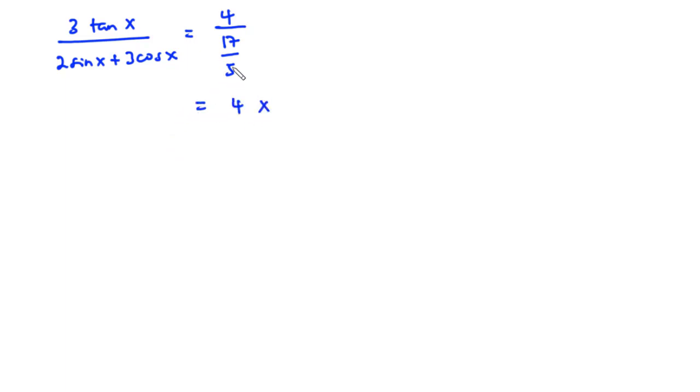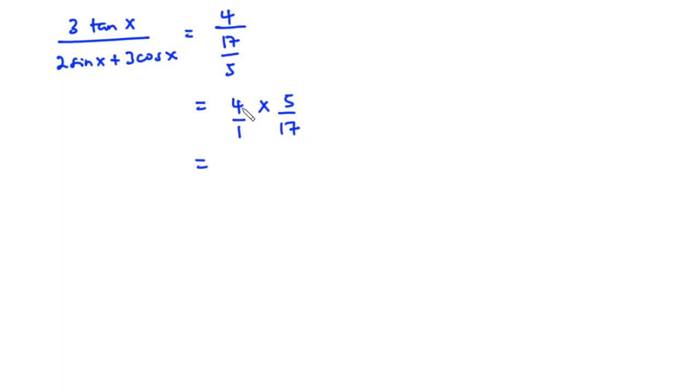So we have 3 tan x over 2 sine x plus 3 cos x to be equal to 4 divided by 17 over 5. So we can further simplify this as 4 times, we take the reciprocal, that is 5 over 17.